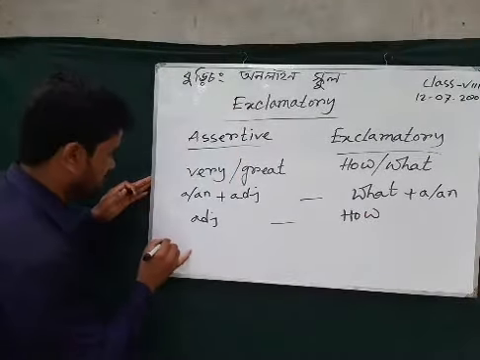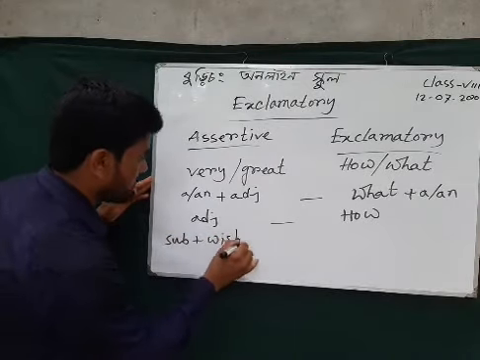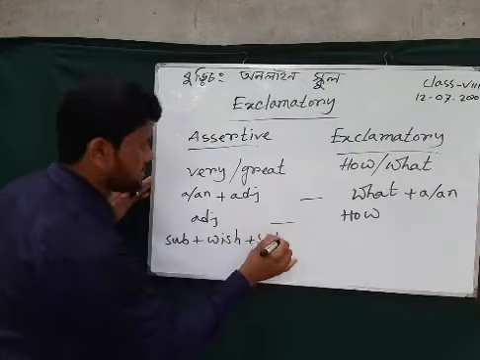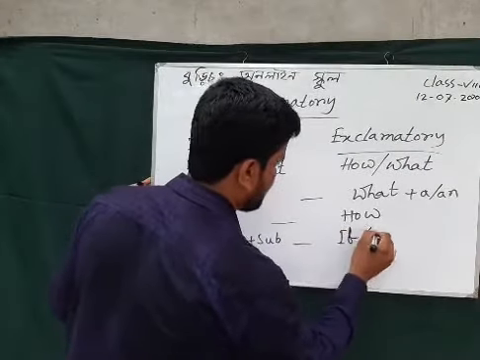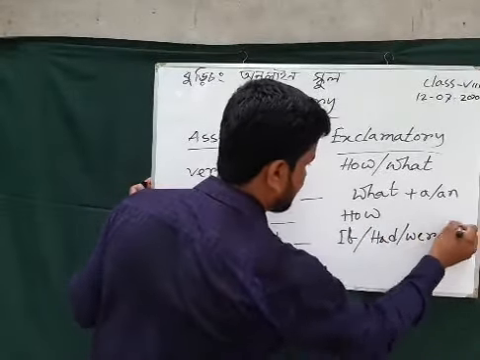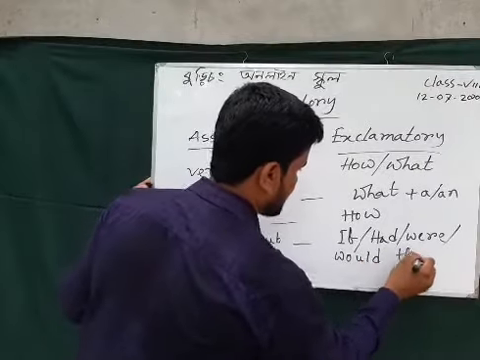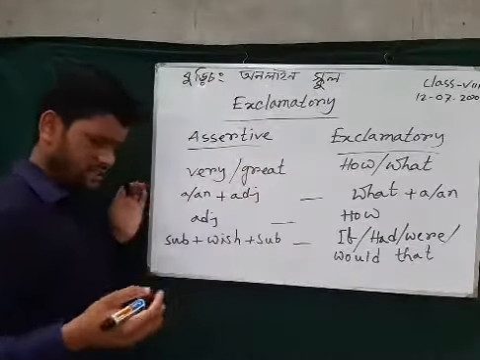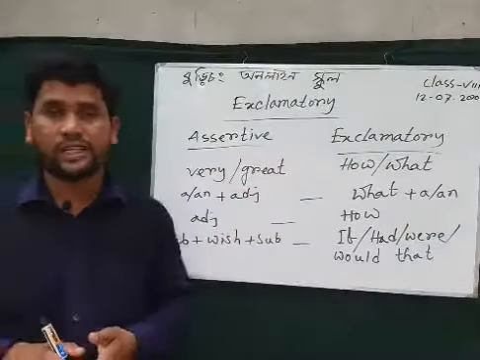If we get subject plus wish plus subject, then we use if or had, where, would that, something like that; we can follow this type of word.